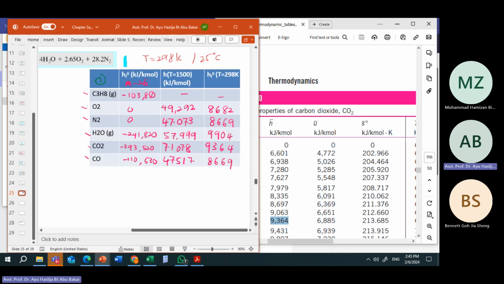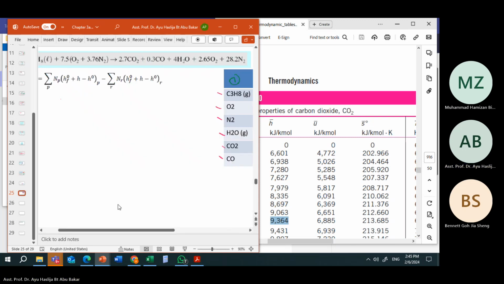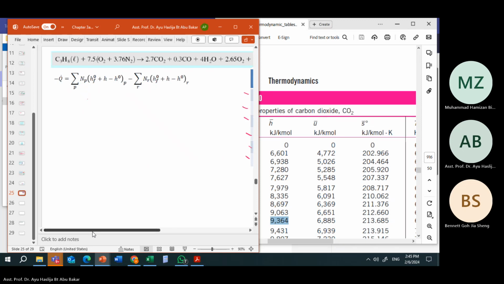Yeah, about all these numbers, then plug in into the equation. Terus susun balik semua.